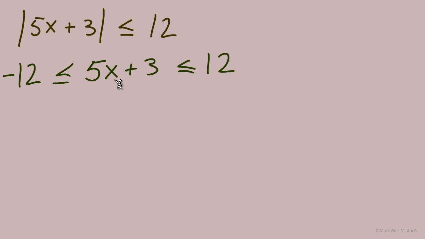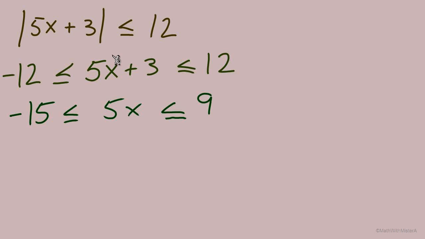We'll solve by moving 3 out from each of these sides, subtract 3, and then next we will divide everything by 5. And there is our solution, that x is numbers that are greater than or equal to negative 3 and also less than or equal to 9/5.